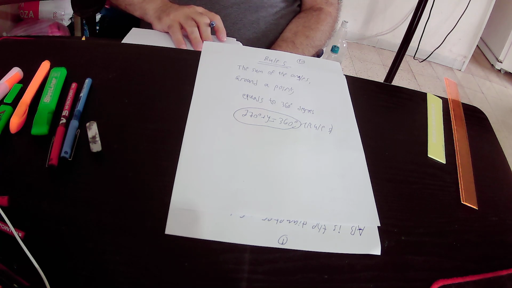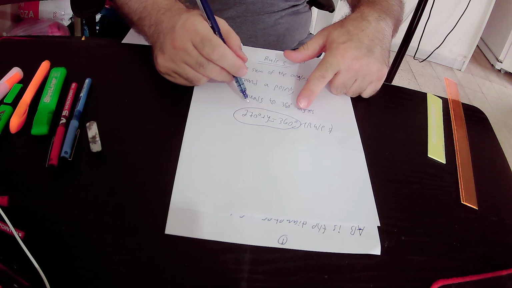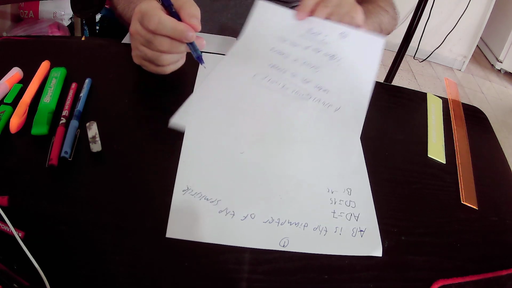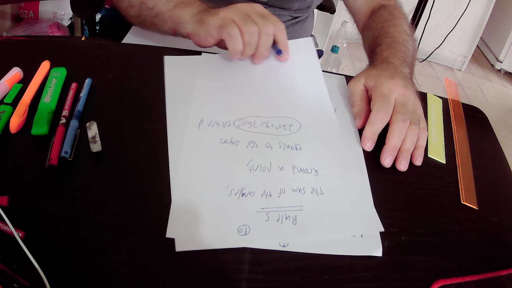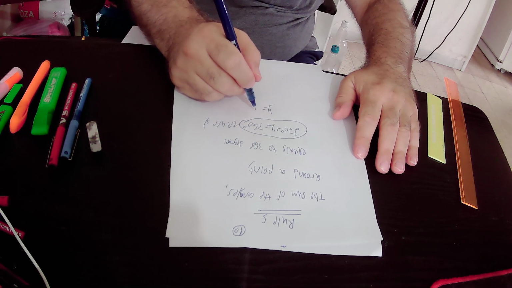So if we subtract from this equality 270 degrees, we will get that the size of angle y equals to 360 degrees minus 270 degrees, y equals to 90 degrees.